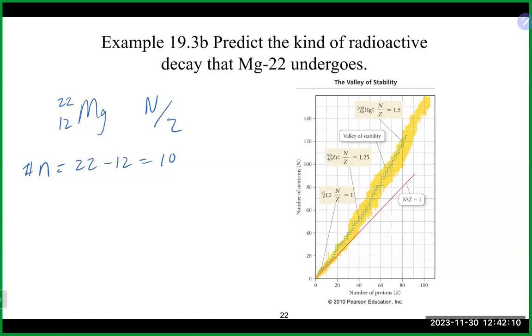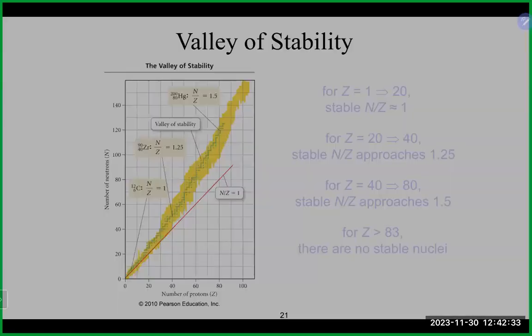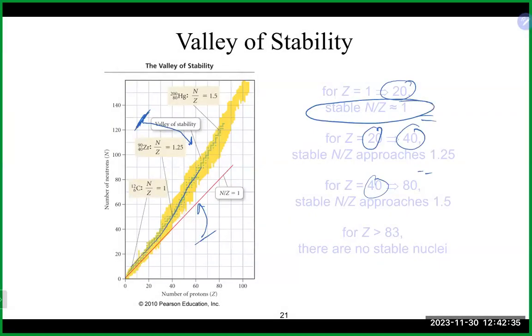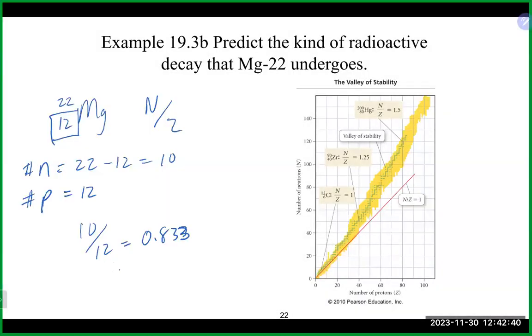And we have our number of protons, which is our atomic number, 12. So we're going to do 10 divided by 12, and that gives us 0.833. Magnesium falls within 1 through 20 in terms of its atomic number, which means the acceptable ratio for it is a ratio of 1. So our N to Z of 1 here would be stable.